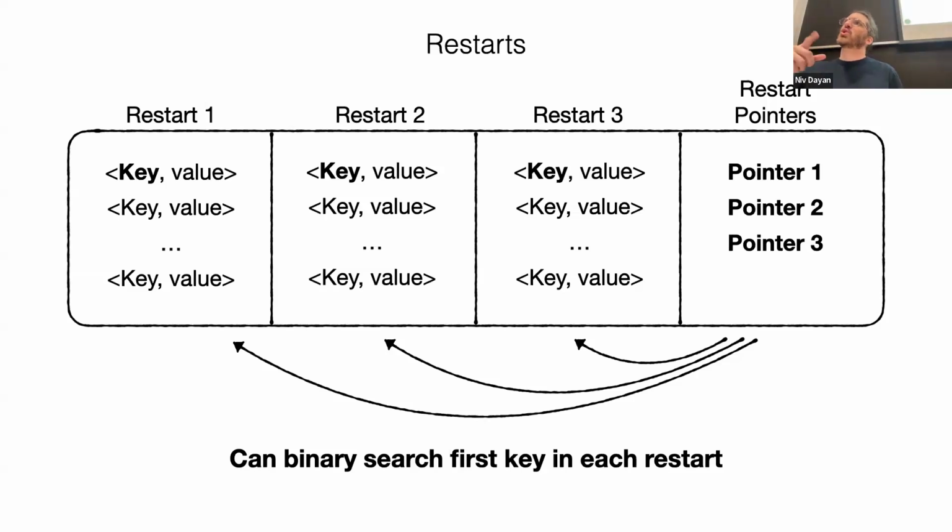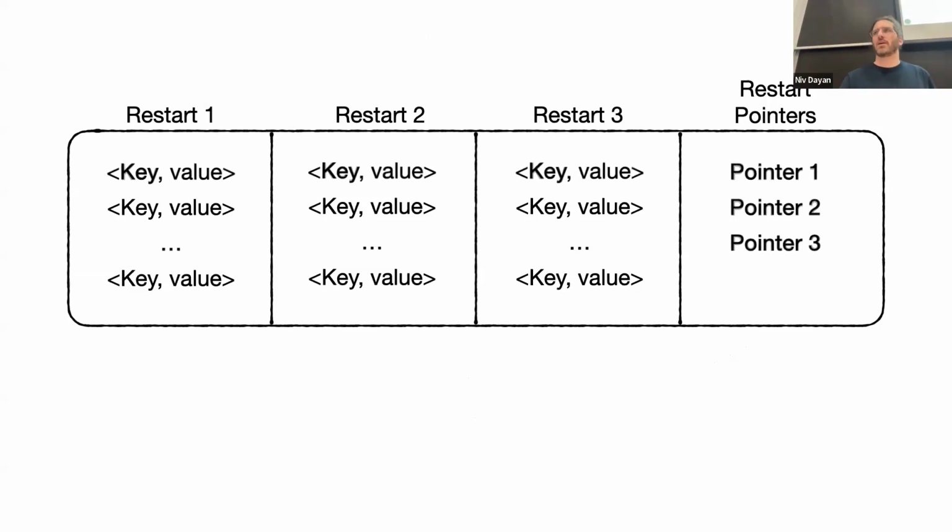So it's a binary search with one step of indirection. Yeah, you have the whole key here because you restarted the delta compression here. Exactly right. Yes.